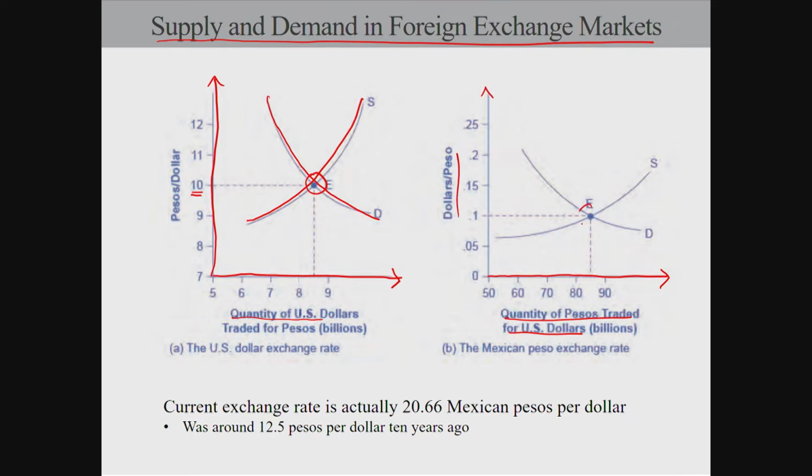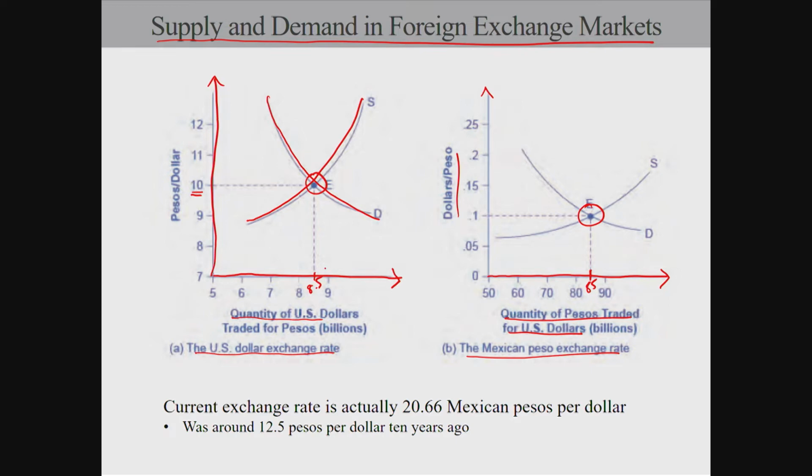You can see that in one case, on the left, the price is 10, whereas in the other case, on the right, the price is 0.1, because it takes $0.1 to buy a peso versus 10 pesos to buy a dollar on the left. So these are the two different exchange rates, and you can see the equilibrium is happening at 85 million pesos and $8.5 million in this example.